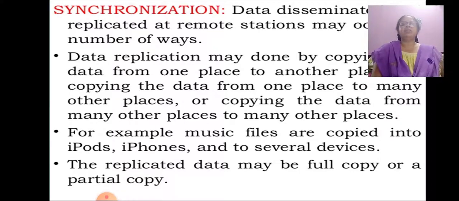For example, music files are copied into iPods, iPhones and several devices. The replicated data may be a full copy or a partial copy. Data synchronization ensures that regardless of data modification, all changes are merged with the original data source. Data synchronization is also used in data mirroring, where each data set is exactly replicated or synchronized within another device.